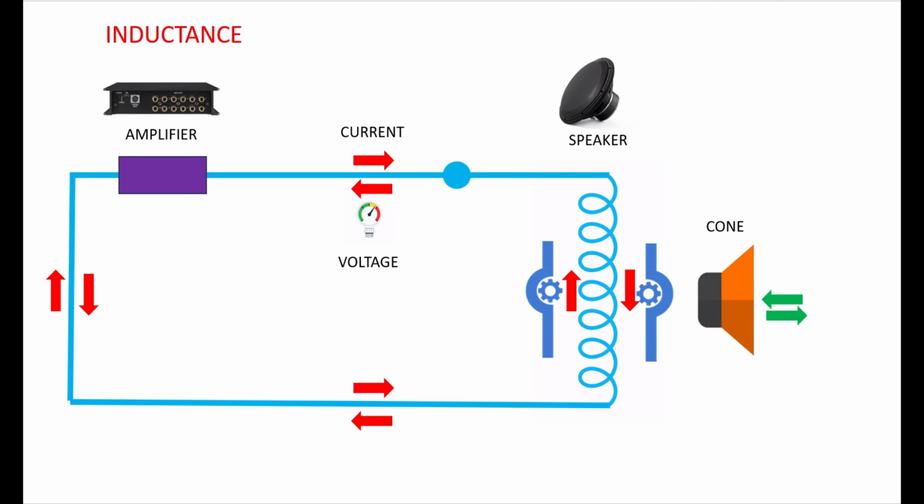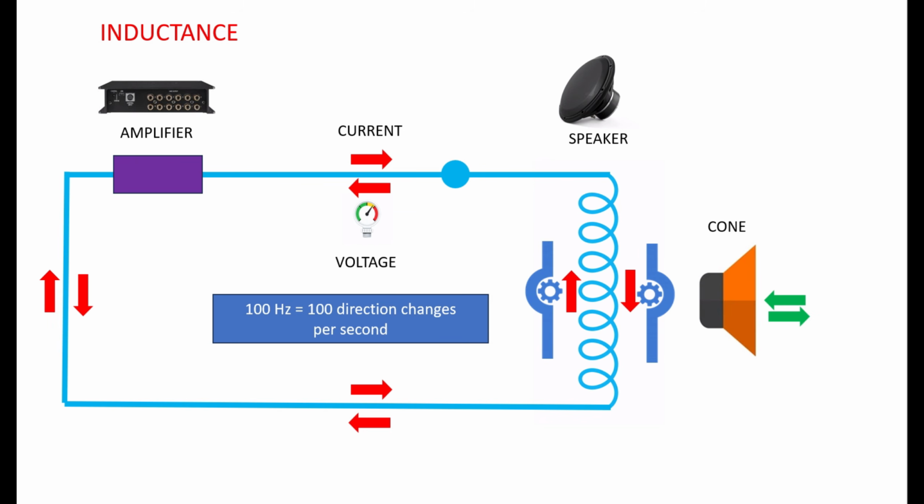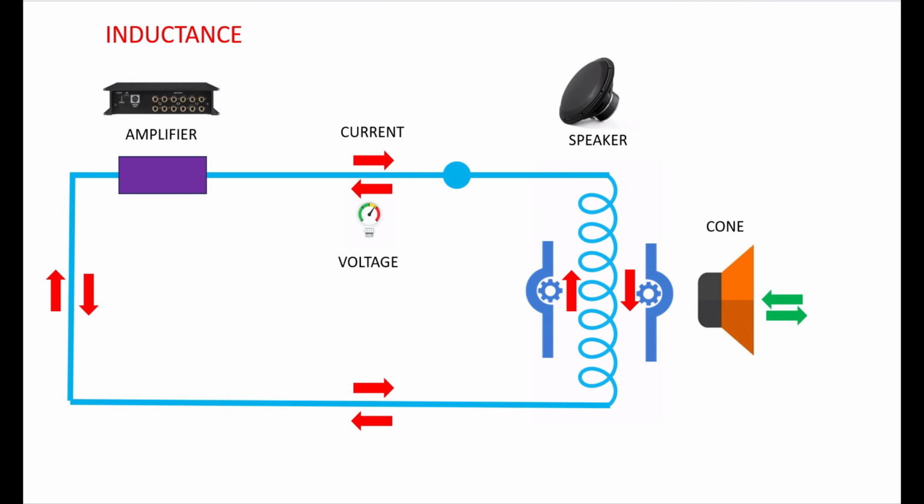So for example, take a 100 hertz frequency. That means you're going to change direction 100 times per second, right? And if you're playing 8,000 hertz, then that's 8,000 times a second. So 8,000 changes per second is a lot more than 100 changes per second. So the inductance for high frequencies is much higher than for low frequencies, and so inductance increases with frequency, right?